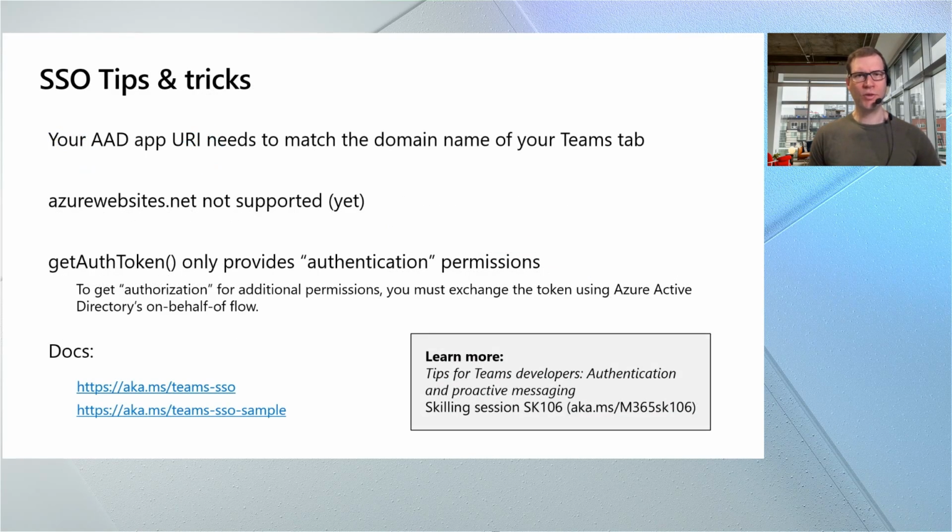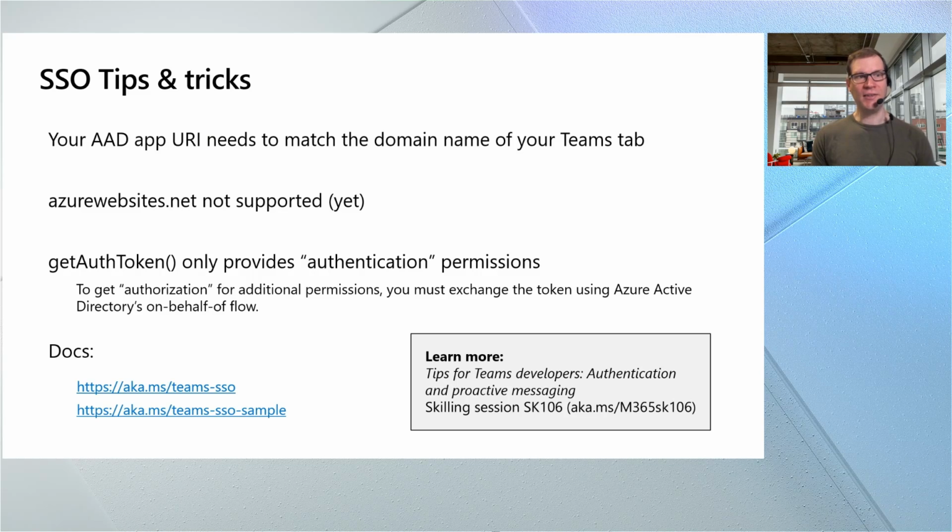Some tips and tricks when working with single sign-on. The first is just to match up your URLs. Your tab is associated with the URL. In your Teams app manifest, you declare your tab as belonging to a certain URL. That URL needs to have the same domain name as your Azure App ID registration. We don't want to be giving credentials to someone else's website to you.